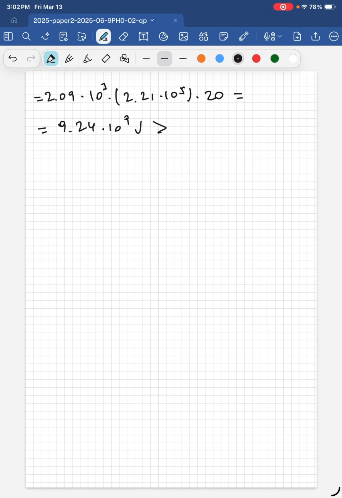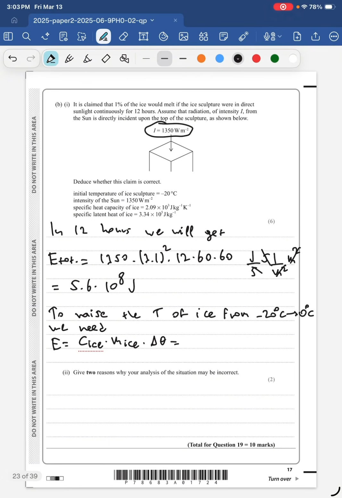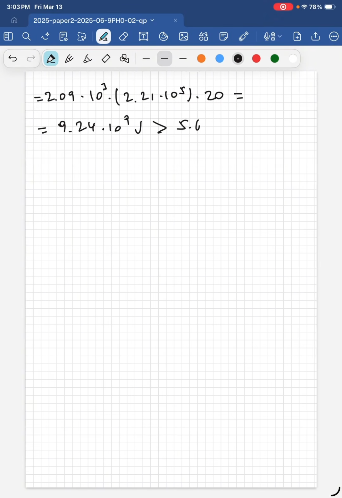So this is already larger than the available energy of 5.6 times 10 to the 8 joules, so it won't melt, okay? So that's the conclusion already. But let's see how much more energy we will need to actually melt the ice.